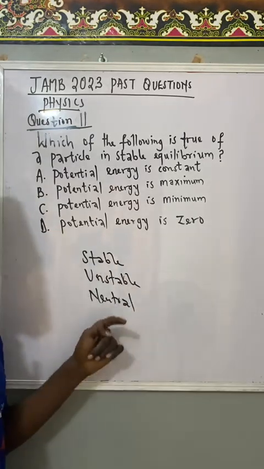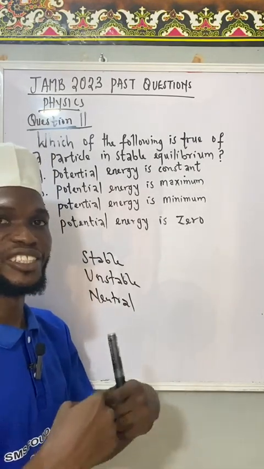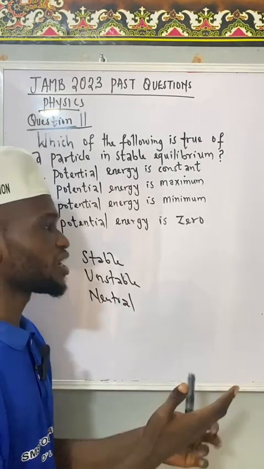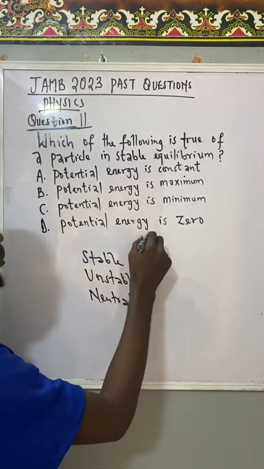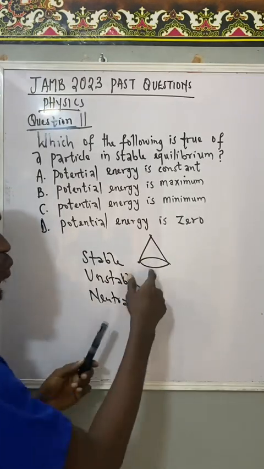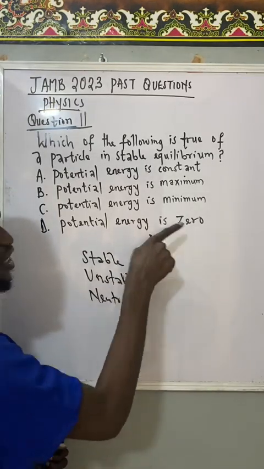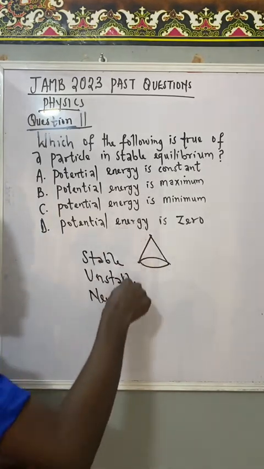Now, when do we say a body is in stable equilibrium? That's if the body is slightly displaced, it tends to return back to its original position. For instance, if we have a cone placed on its wide base, if you slightly displace it, you will see that the cone will return back to its original position.